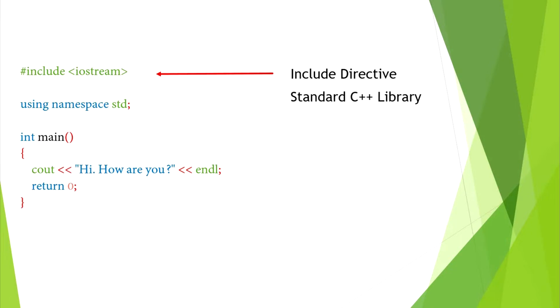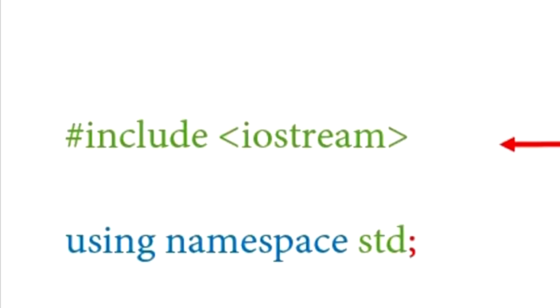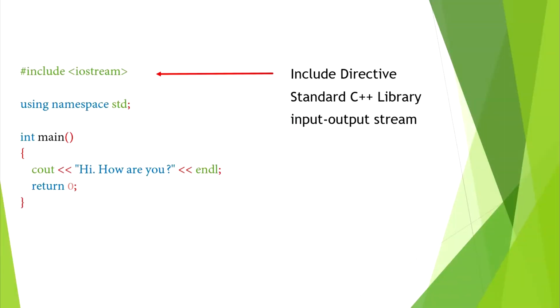The file iostream is actually a part of the standard C++ library, and therefore we don't need to specify the path for it. The compiler knows where to find it. This file stands for input-output stream. It defines various objects and functions, including the input and output streaming functions.